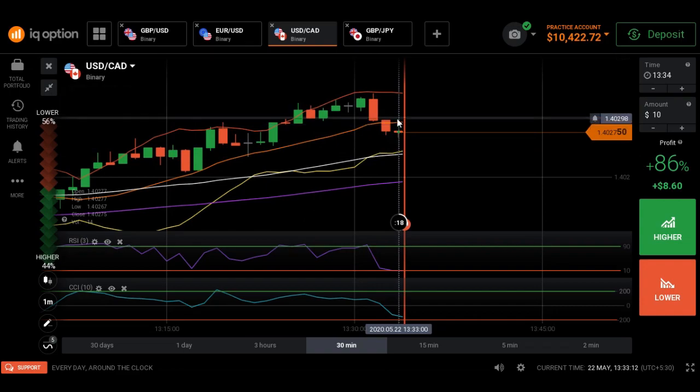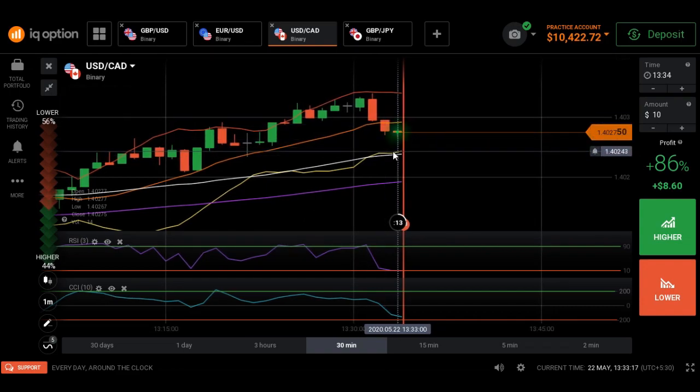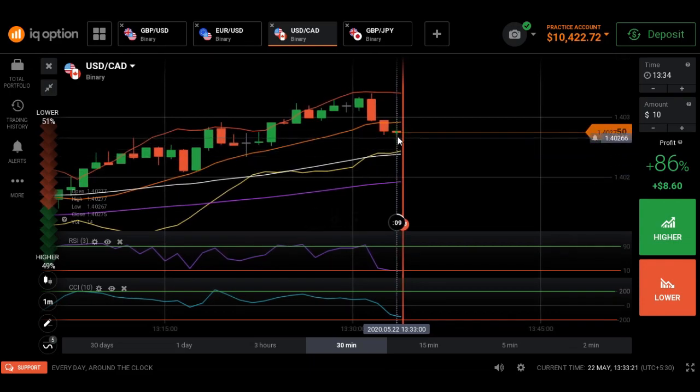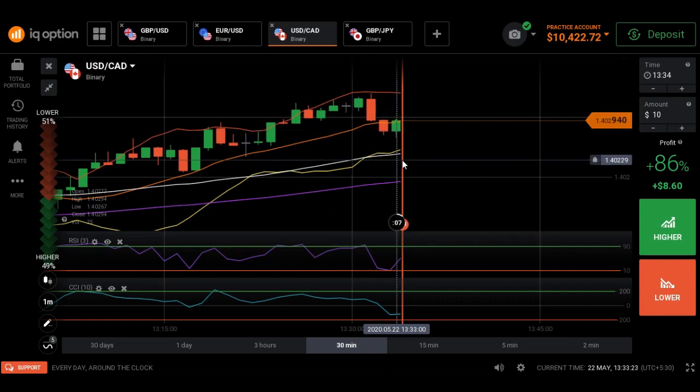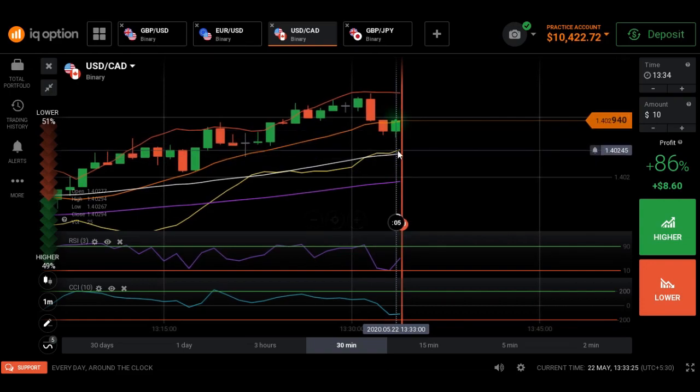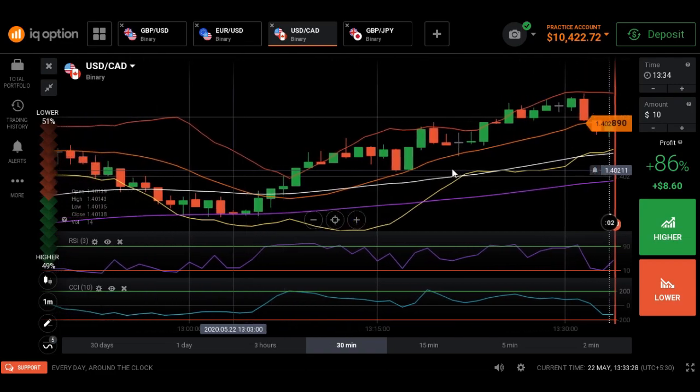This is the top, this is the middle, this is the bottom. So let's wait for this candle. Is this candle going to touch this? Then we can surely enter the trade.